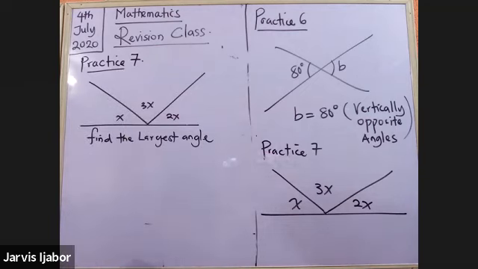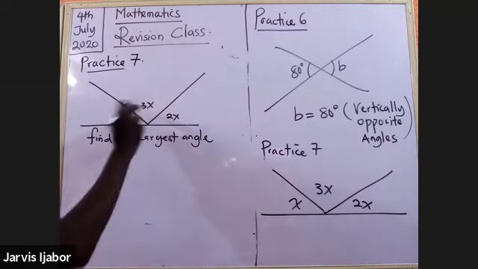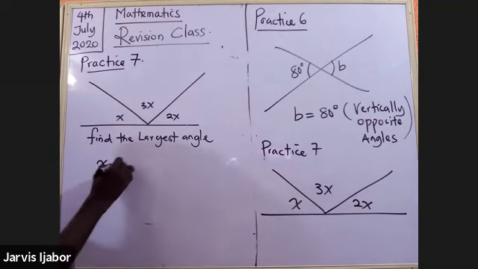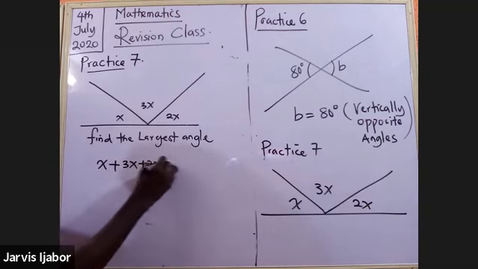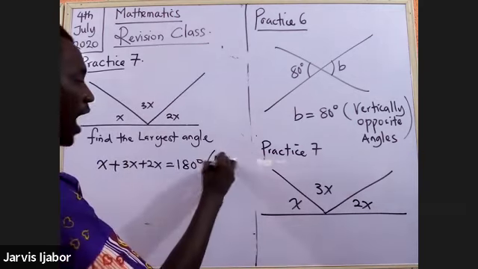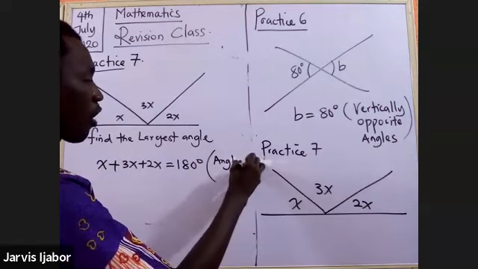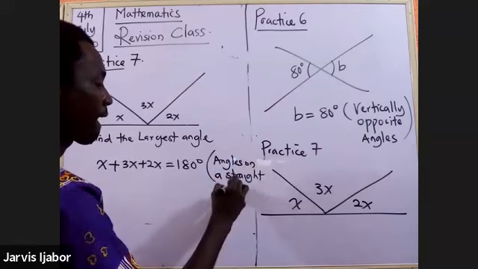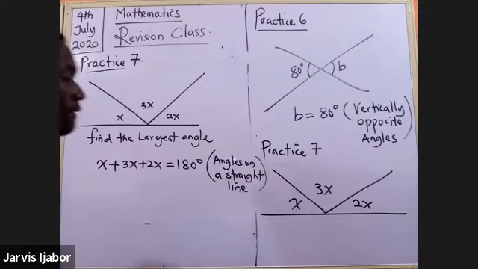The largest angle will be the 3x. But remember that x plus 3x plus 2x will be equal to 180 degrees. What is the reason? Angles on a straight line.